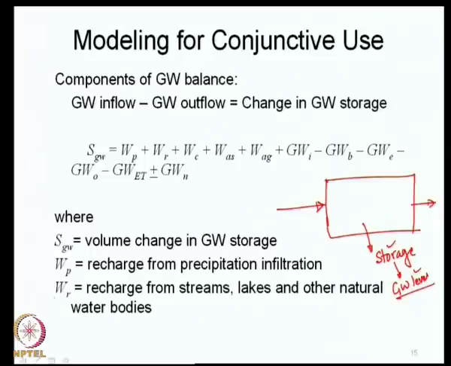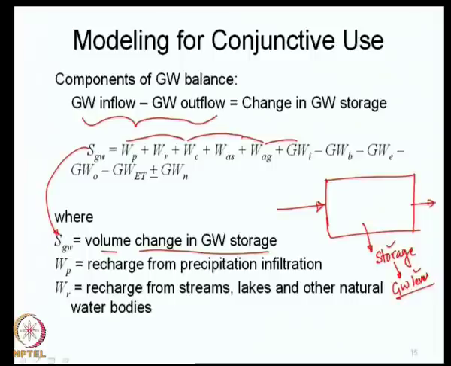So, what we will do is, we will take this as the change in the storage. There is a net inflow that is coming here, and then there is an outflow that is going out of the system. So, we will take this as the change in the storage. So, we will say volume change in groundwater storage, this is SGW. We will include all the terms that add to the groundwater storage.